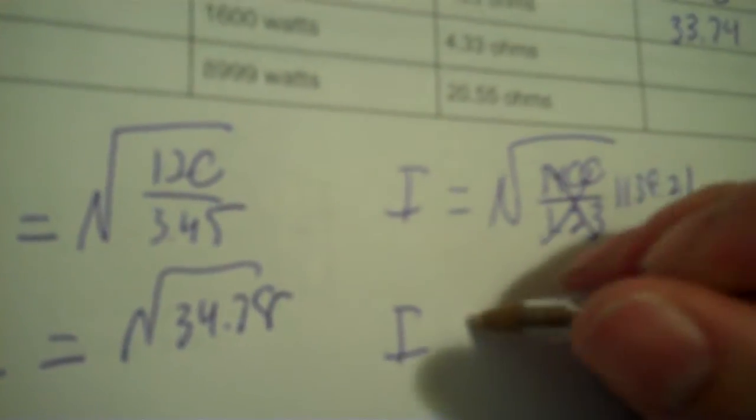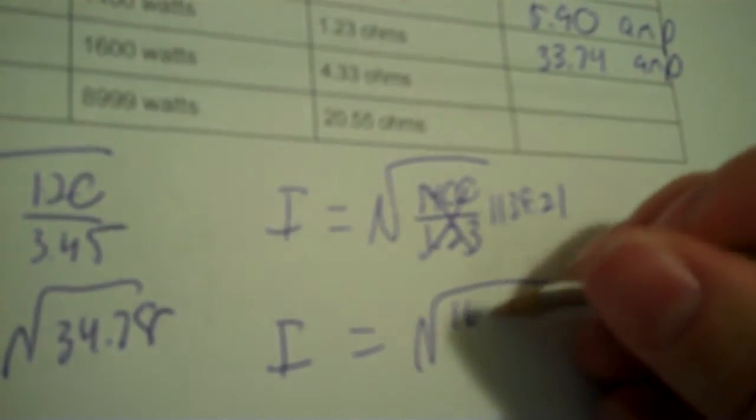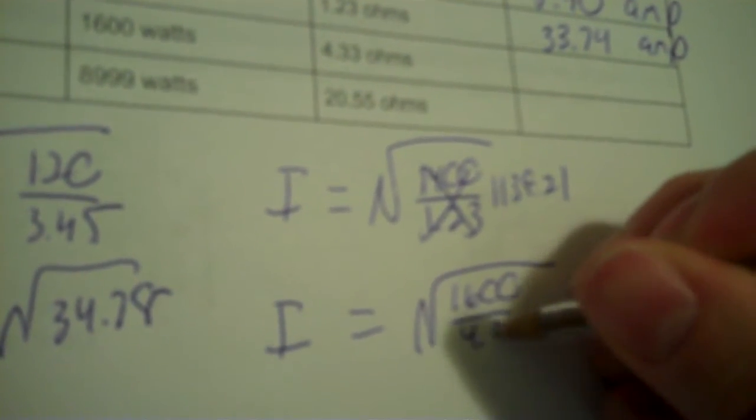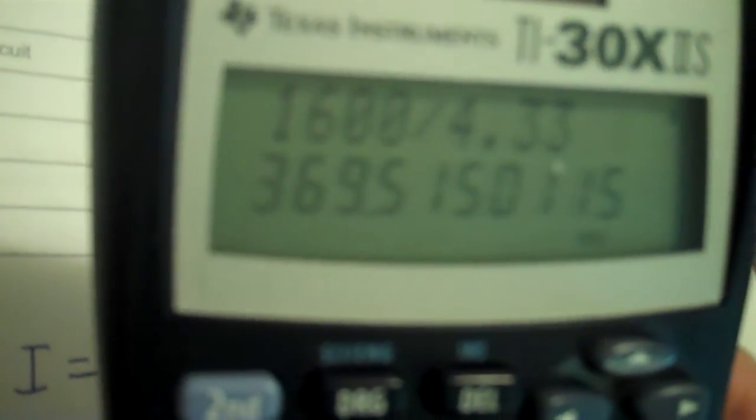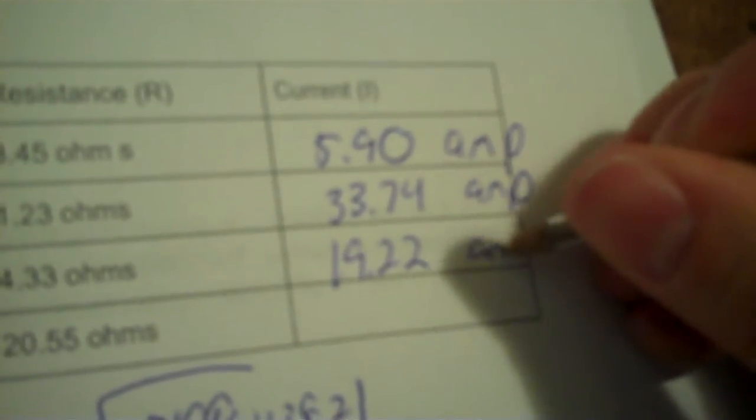Okay, next one, I equals 1600 divided by 4.33. Okay, 369.52. And then I apply the square root. Okay, 19.22 AMP.